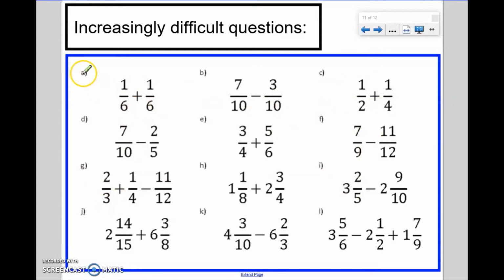So the questions go from A to L and they increase in difficulty as you work through the questions. As always, you have the ability to pause the video at this point. I would like you to pause the video and have a go at each question, showing your full and accurate working out. Could you pause the video now?